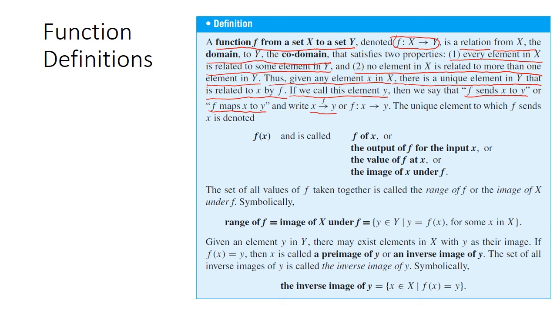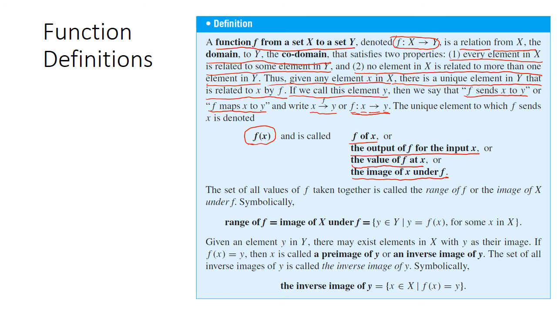I would usually read that as x is mapped to y by f. Or you can write it like this, and I would read this one as f maps x to y. The unique element to which f sends x is denoted f of x, pronounced either f of x, or the output of f for the input x, or the value of f at x, or, and this is the last one that would be new to you, the image of x under f.